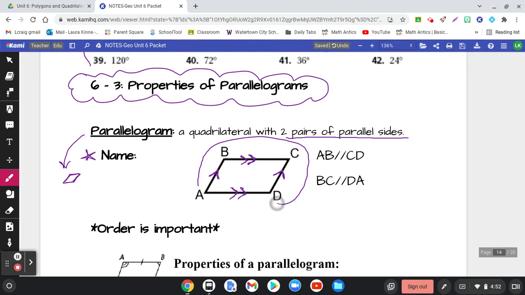So I always do it alphabetical. So I'm going to start with A, and it's going to go B, C, D. I can't say, oh, it's BCAD. You can't pick up your pencil. You could say BCDA because it goes right in a circle, but you need to make sure that you got your order down.